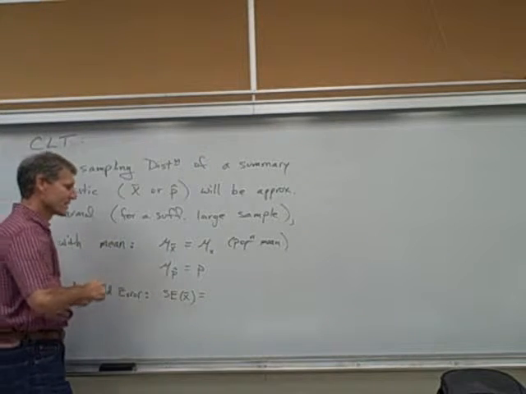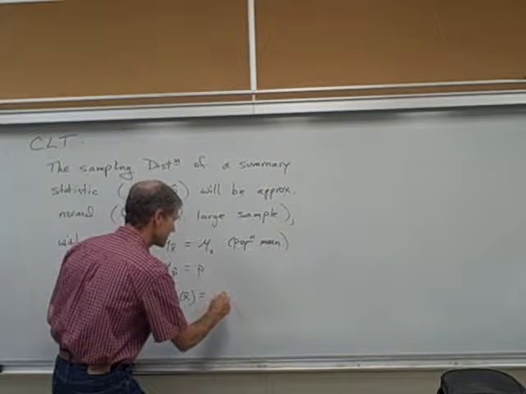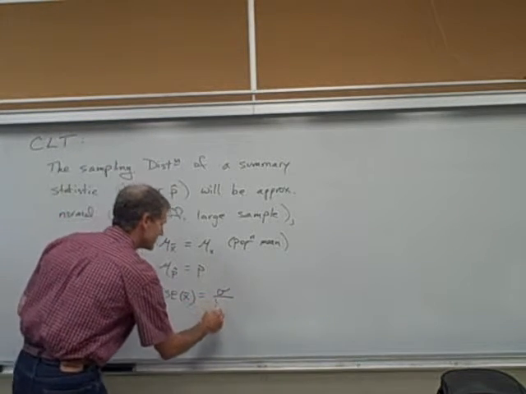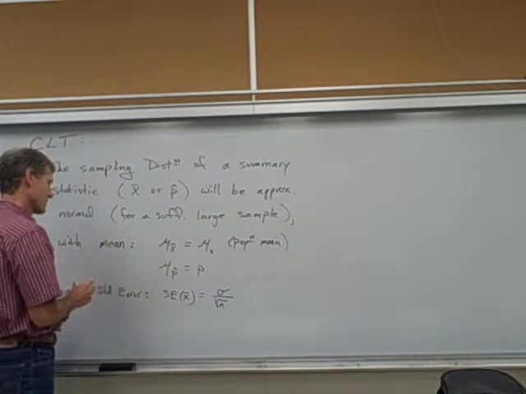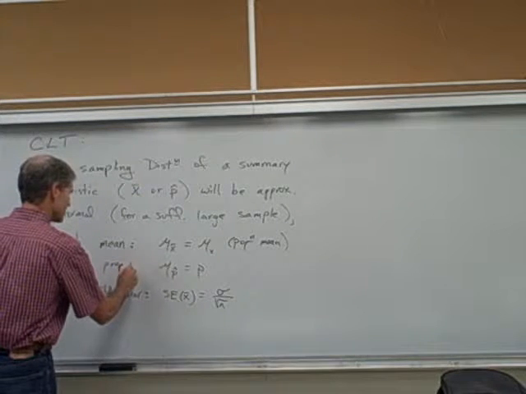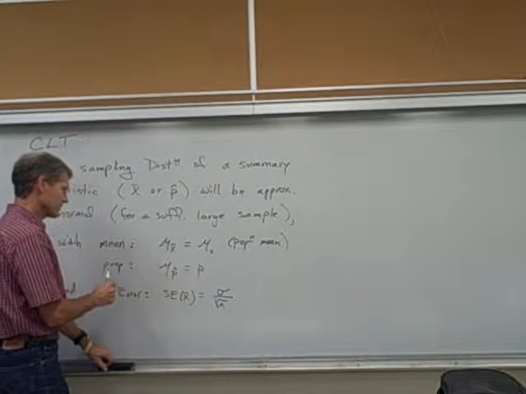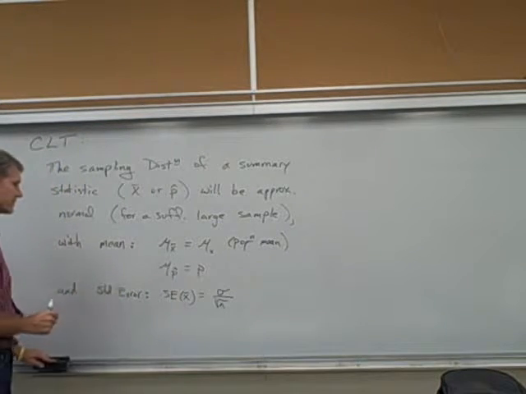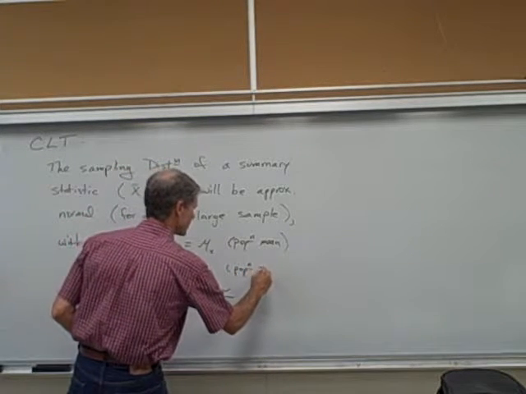Population standard deviation, which a symbol is lowercase sigma, over square root of n. And that's for means. So I forgot to write proportion here. So this is for population mean, this one I forgot to write, population proportion.